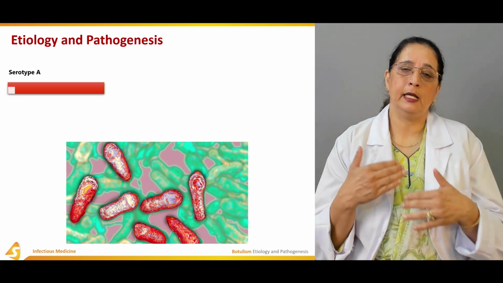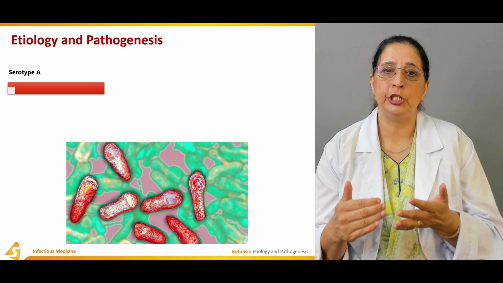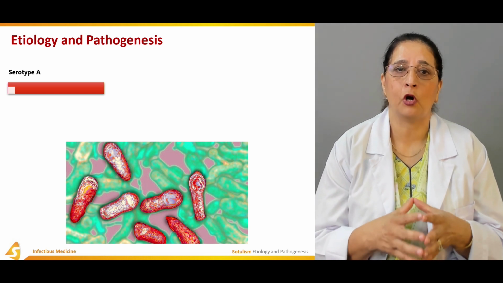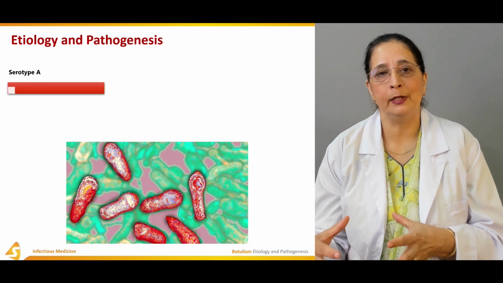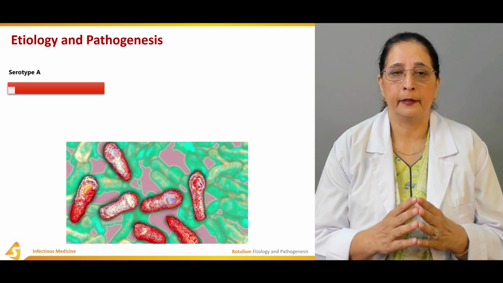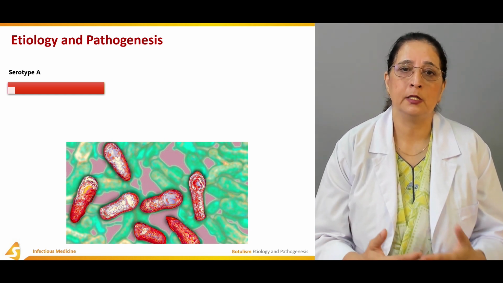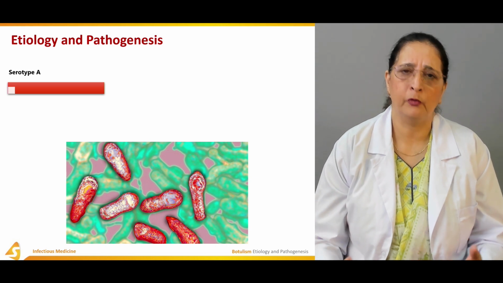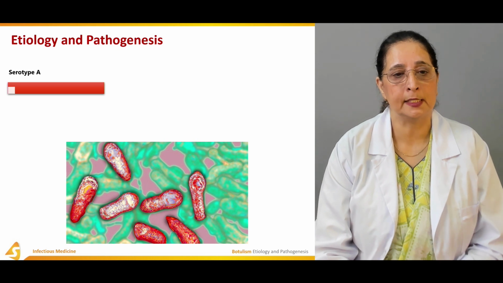Now, we said there are 7 serotypes, A to G, of the botulinum toxin. Not all of them are equally pathogenic; some are more damaging than others. So let's talk about the 3 or 4 which play a more important role in the progression of the disease.